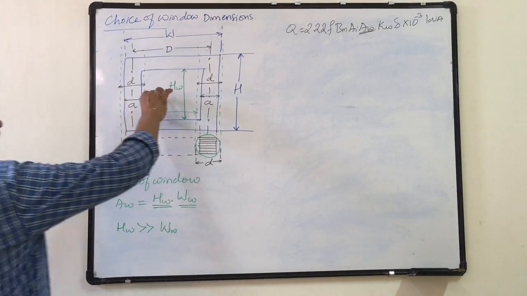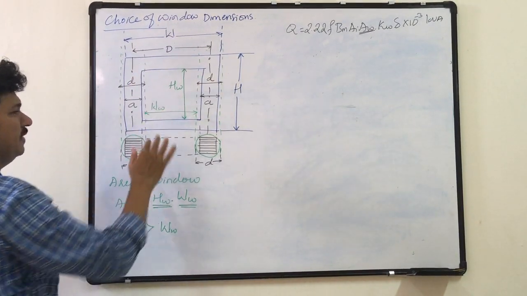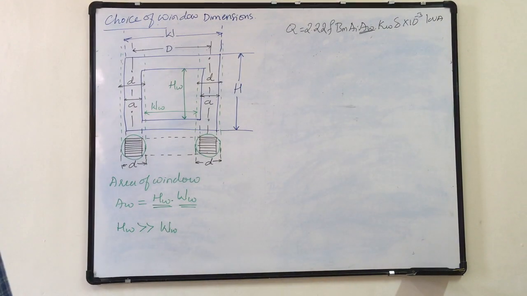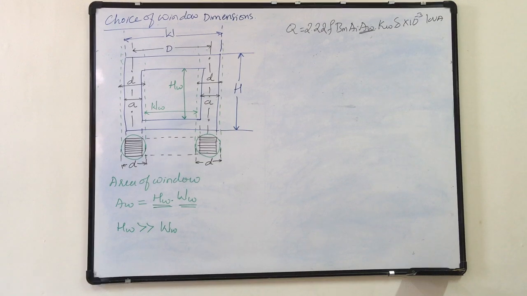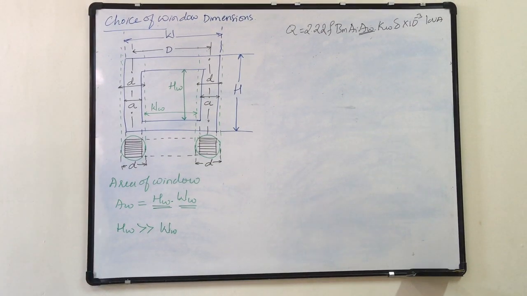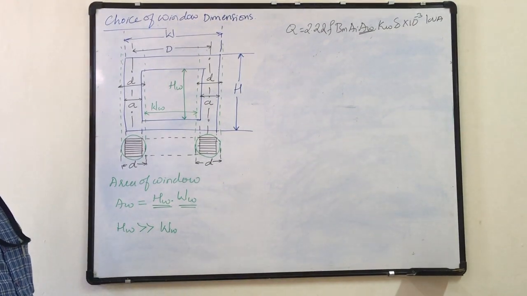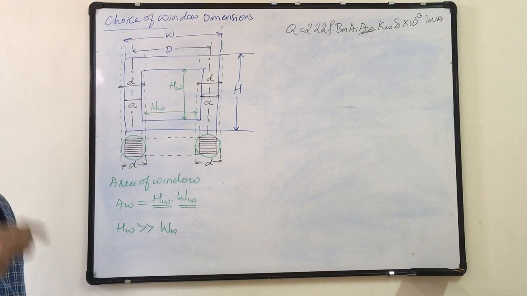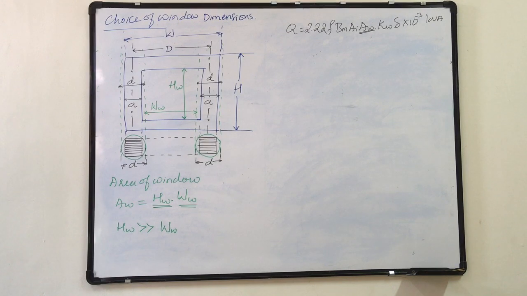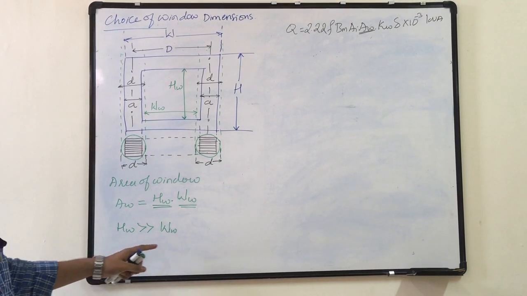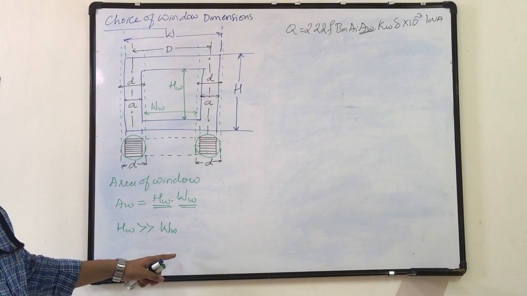The height of the frame increases, distance between two limbs decreases. The two windings placed on both the limbs will come near to each other and the leakage flux decreases. With this, leakage reactance decreases and overload capacity increases. So that is the advantage of larger height when compared to the width.